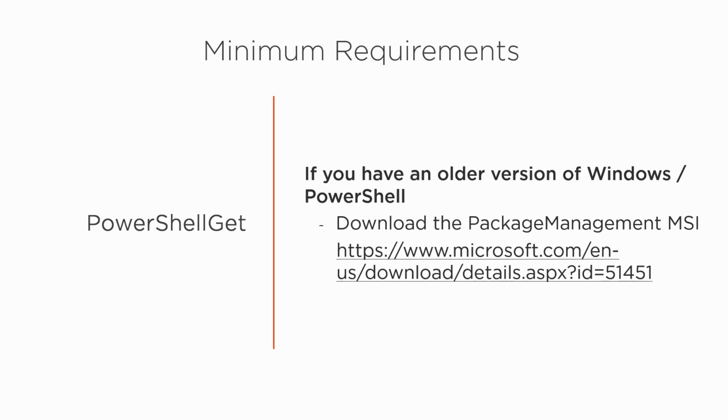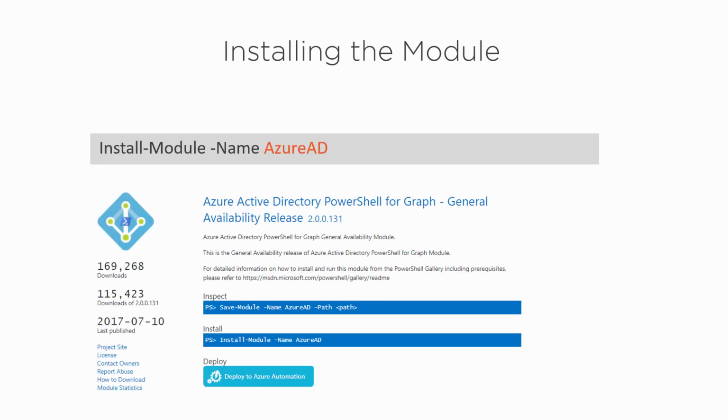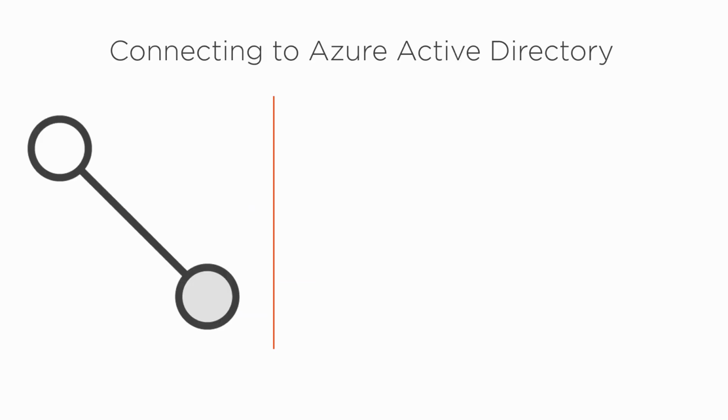Once you have PowerShellGet, you simply have to open up PowerShell as an administrator and then run the Install-Module PowerShell commandlet and simply give the name of the module, which is AzureAD. So Install-Module -Name AzureAD, that will download and install the PowerShell module on your computer. In order to be able to have access to everything, you of course need to have your username and password as well as global admin rights in Azure AD.